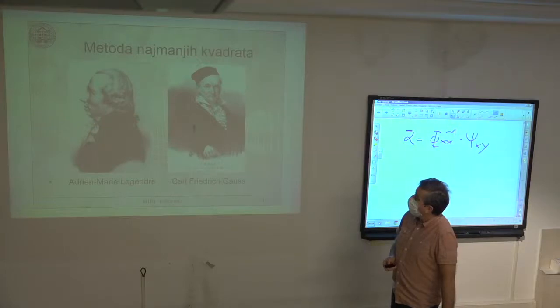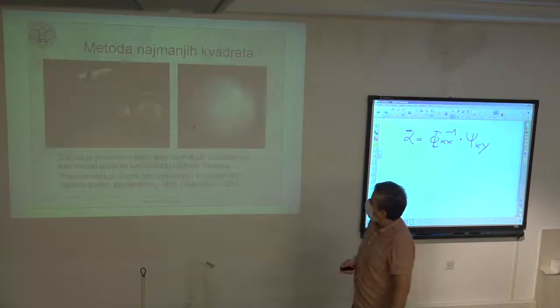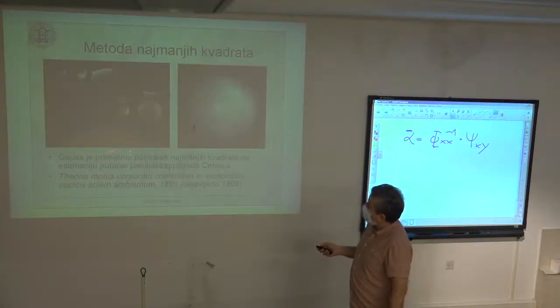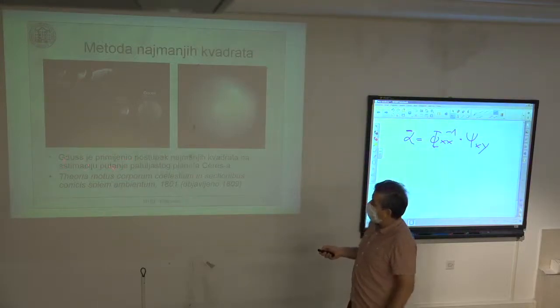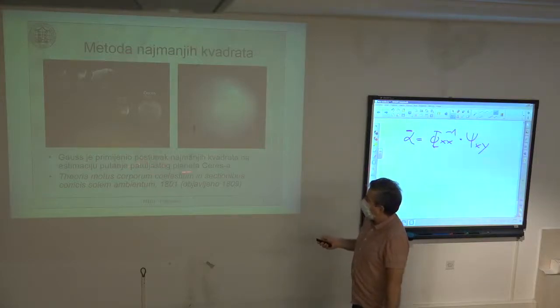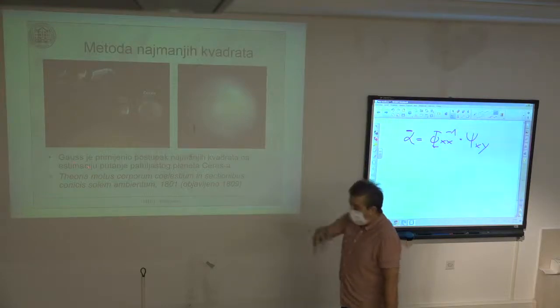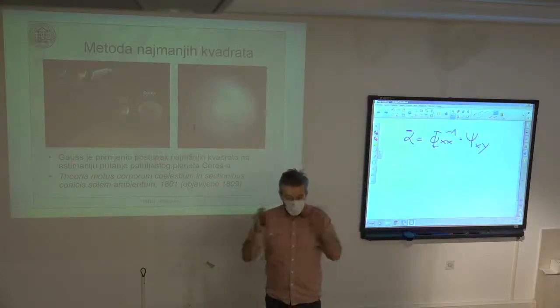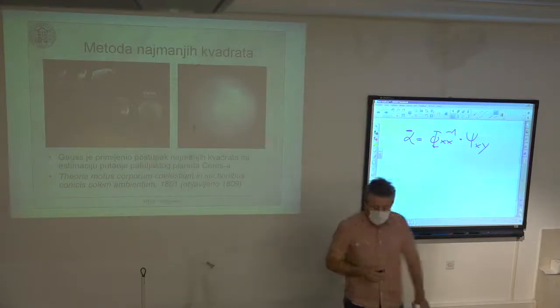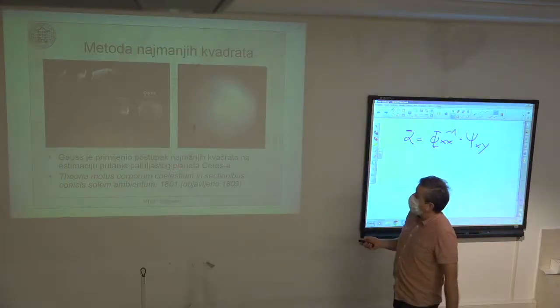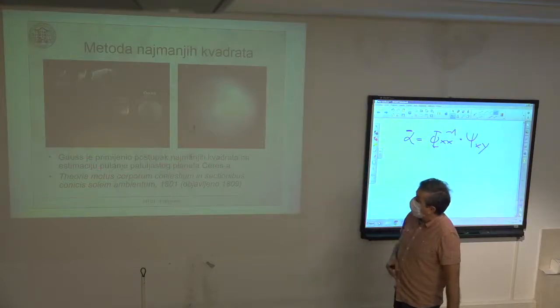Why it was very interesting at that time: in the case of Gauss, he was trying to find the parameters of the trajectory of a dwarf planet, Ceres. This dwarf planet had an unpredictable trajectory when measured with astronomical devices, with telescopes. Based on the measurements, he wanted to estimate the parameters of this trajectory.